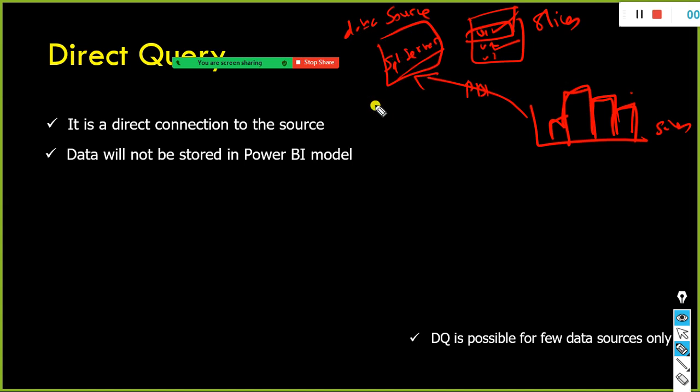In the case of direct query, in my Power BI Desktop, it will store only the metadata of the tables. Let's say you have a sales table in your SQL Server.